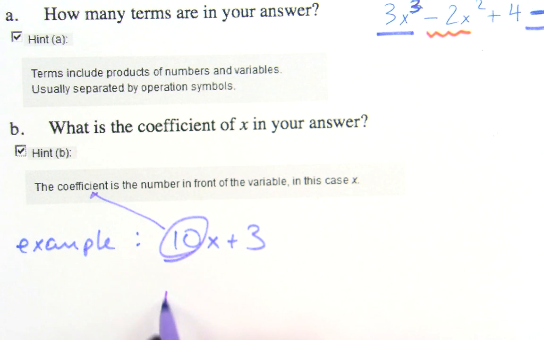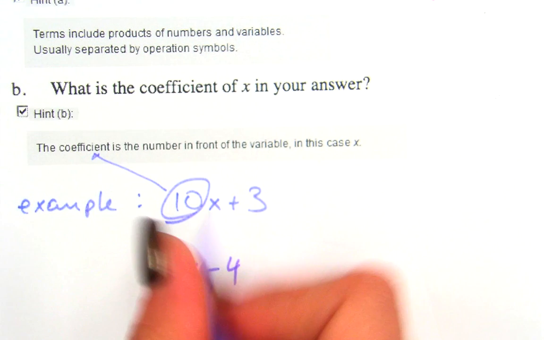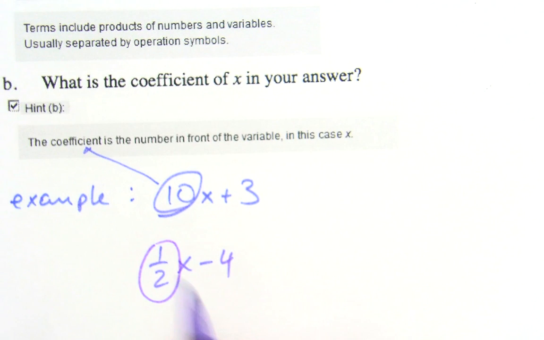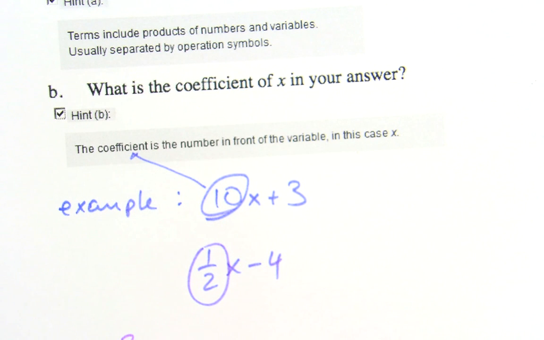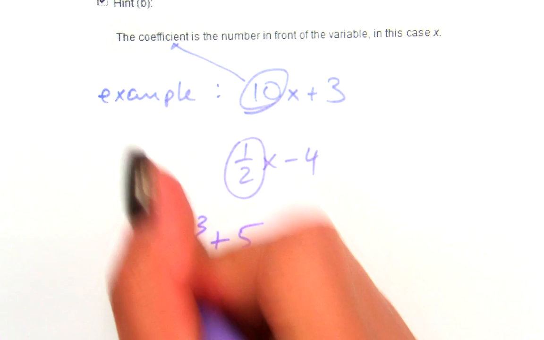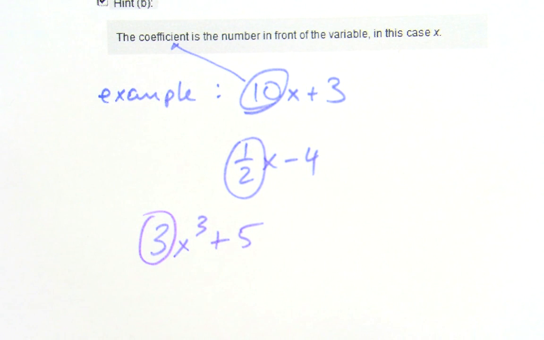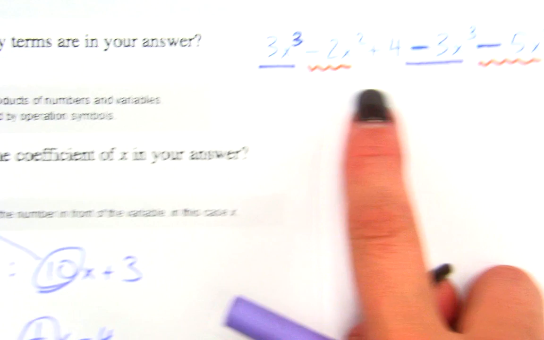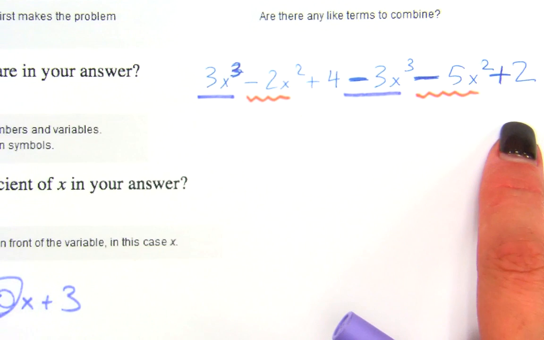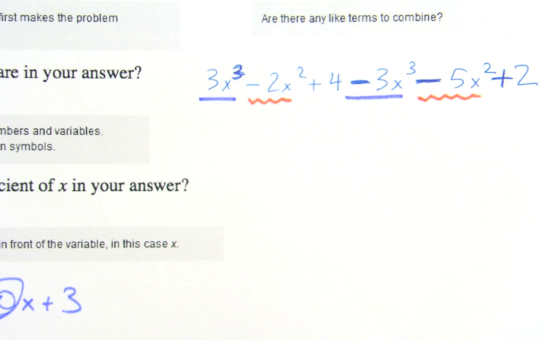If you have 1/2 x minus 4, 1/2 is your coefficient. If you have 3x to the third plus 5, 3 is going to be your coefficient. So it's the number in front. Once you clean this up, what's the actual coefficient in front of your x term?